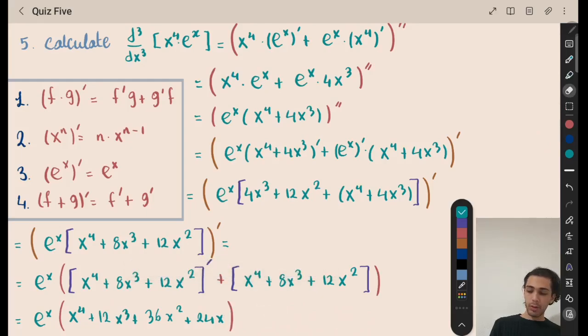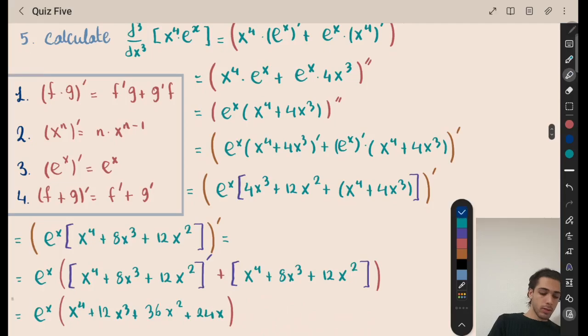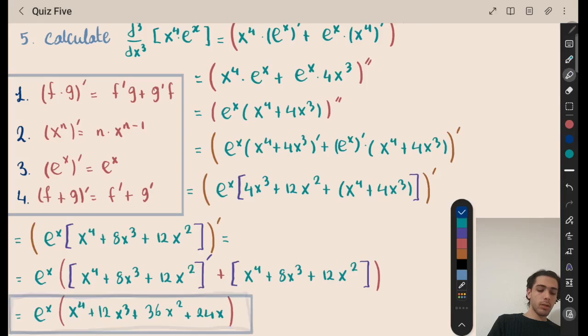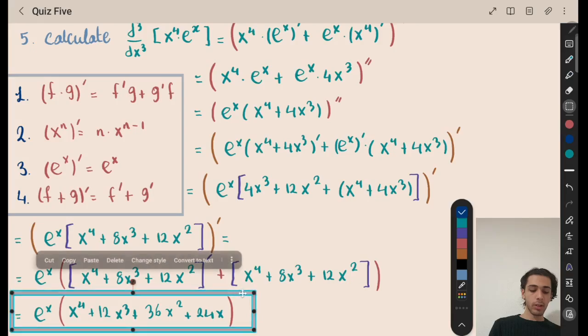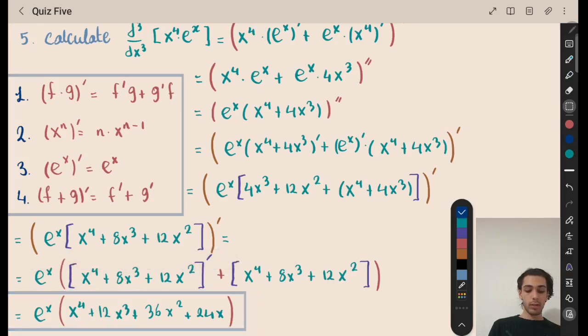So I'm very happy with that. So I can put this in a nice box, and say that this is indeed the solution for the problem.